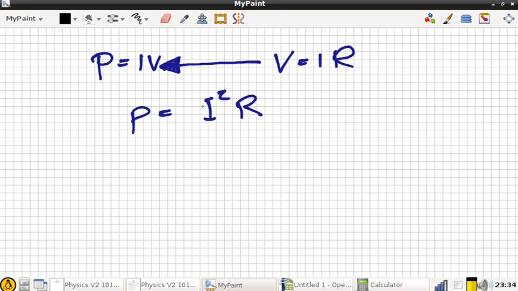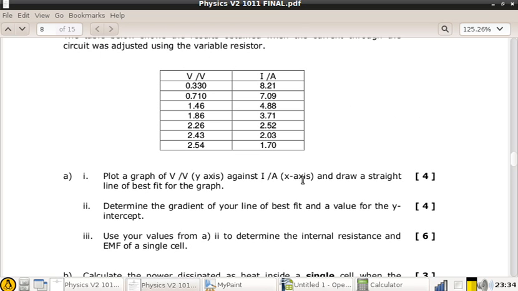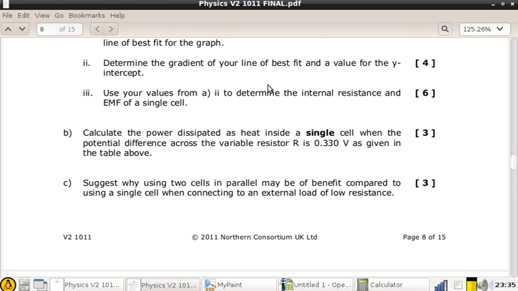Okay, so next we want the power in the variable resistor when the voltage is 0.33, as given in the table above. So when the voltage is 0.33, the current is 8.21. What is the power of the battery?